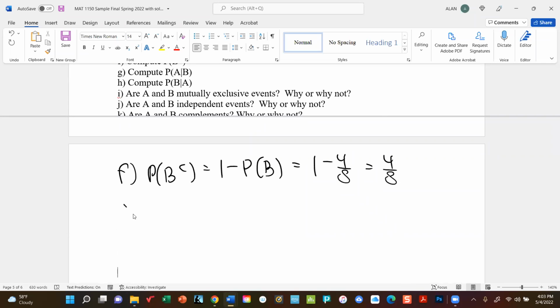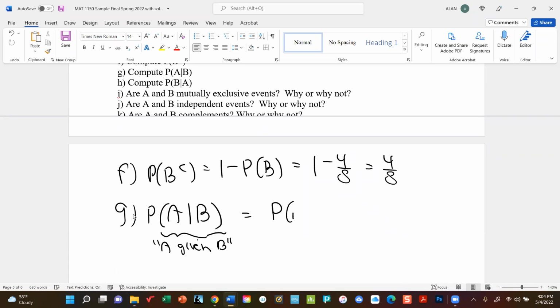The probability of A, now in English, we call this A given B. And it means that we are told that B is true, and now we want to know the probability that A is true. So the formula here is this. In the numerator, you have the probability of both of them.